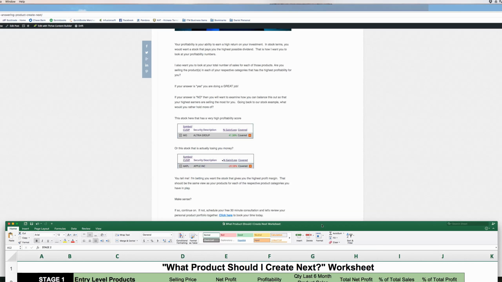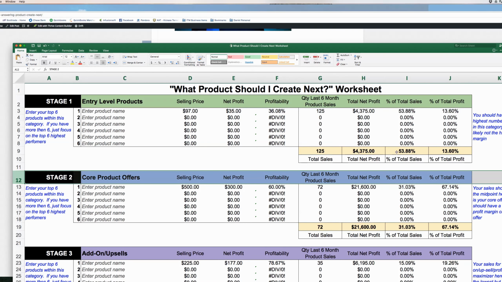And so one of the cool things that this is going to show you is once it starts to show you your percent of total sales and your percent of the profit, and you start to look at your different lead magnets, or tripwires, I should say, or entry-level products, or if you have multiple core products, and you start to see the total amount of profit and the total amount of sales, if you look at this from a stock investing perspective, let's just use this as an example, if you're a stock trader and each of these core product offers in stage 2 are individual stocks, well, what would you want if you had an individual stock and you were looking at different options to invest in?